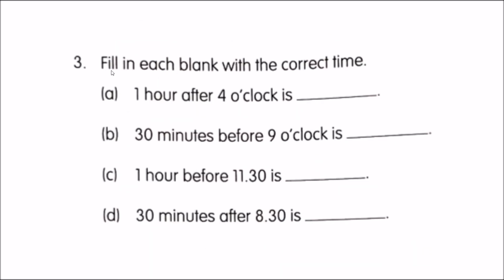On this page, you have to fill in the blank with the correct time. 1 hour after 4 o'clock is 5 o'clock. So you will write 5 o'clock on the line. You can choose to write it in English like 5 o'clock, or you can write it like digital time, 5:00.